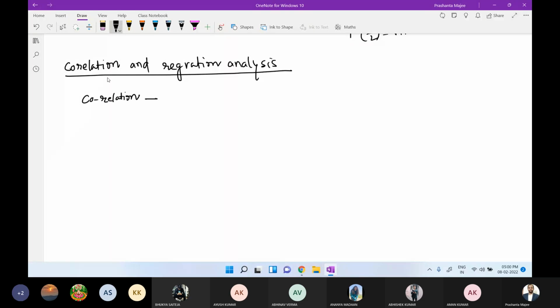Correlation is the measure of the degree of relationship between the values of x and y.